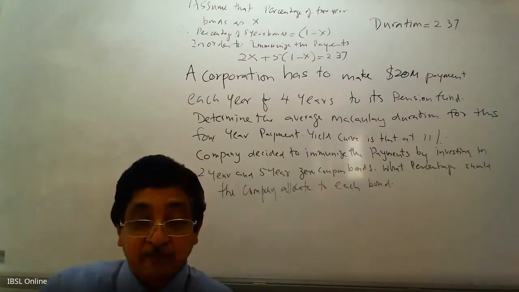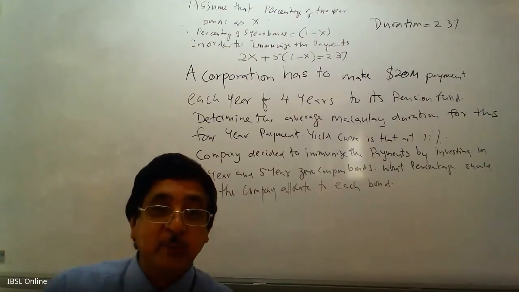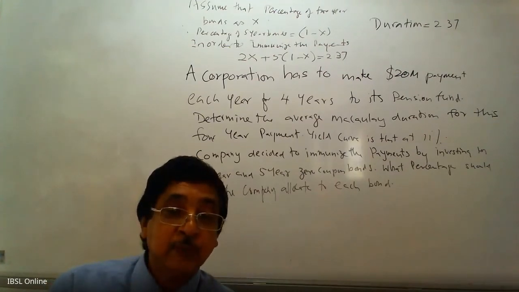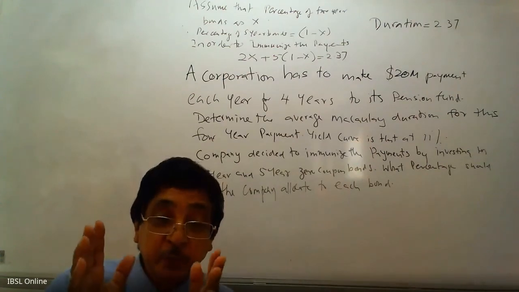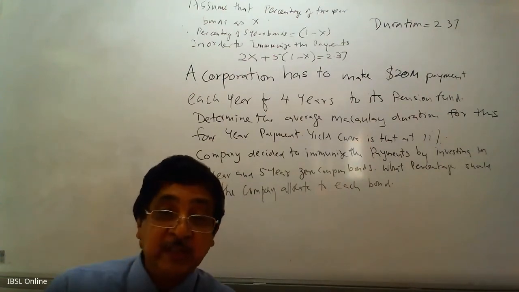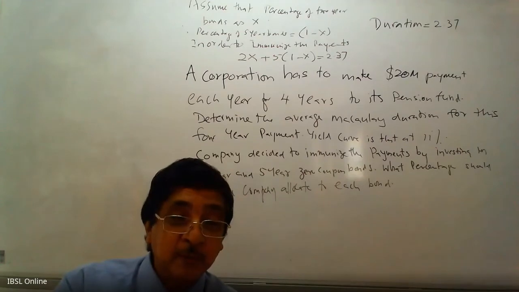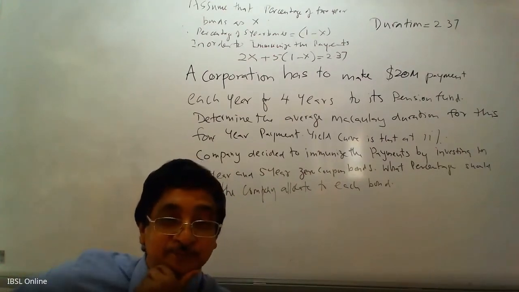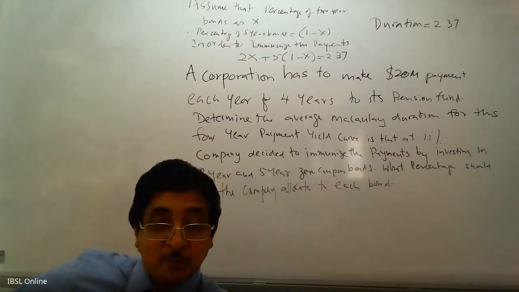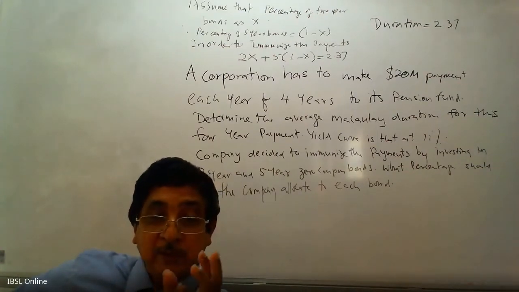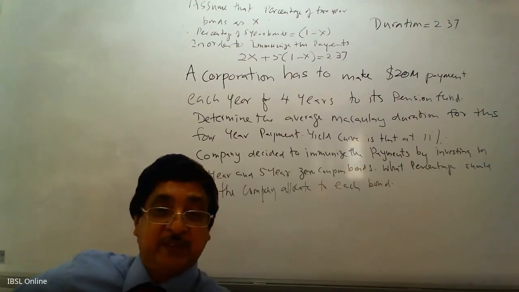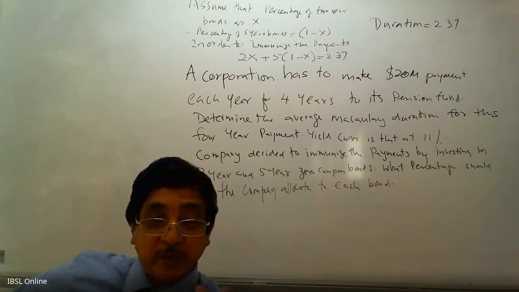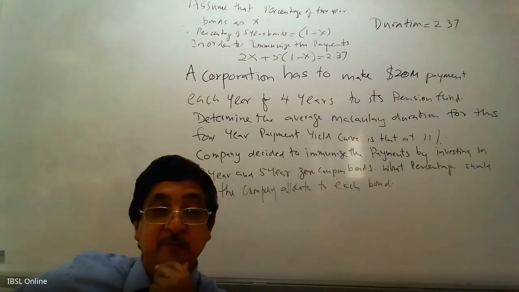But then we say, in order to immunize the portfolio, we should get 88% of 2-year bonds and 12% of 5-year bonds. If you have such a portfolio, it will be an immunized one. So you don't get any effect through any type of interest rate variation.